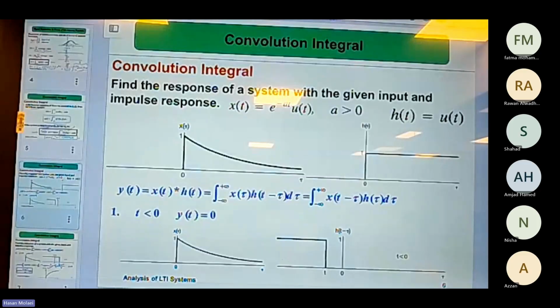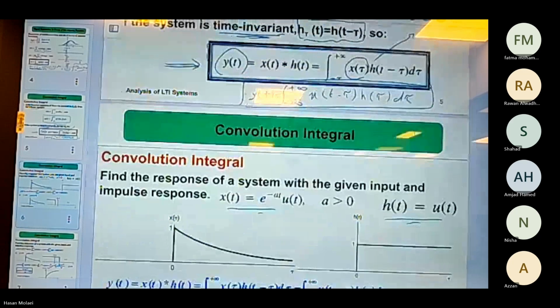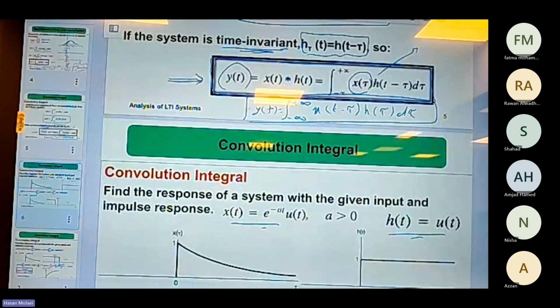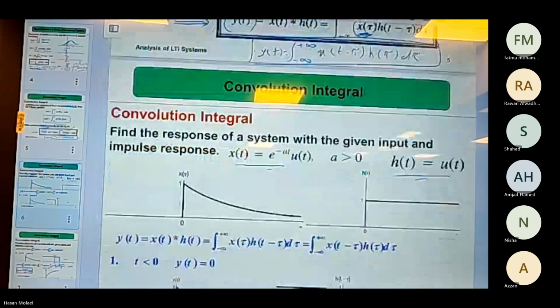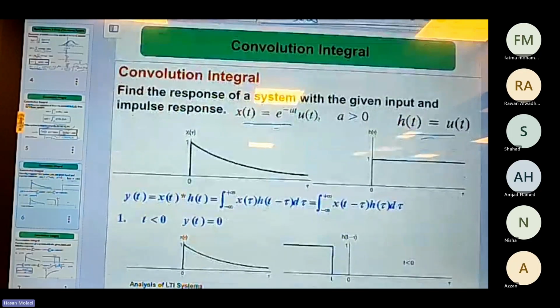Okay, let's see how we do convolution. Suppose we have x(t) equal to e to the power of minus a t u(t) and h(t) is u(t). What should I do? At first, I should find x(tau). I just change t to tau, changing the independent variable from t to tau.